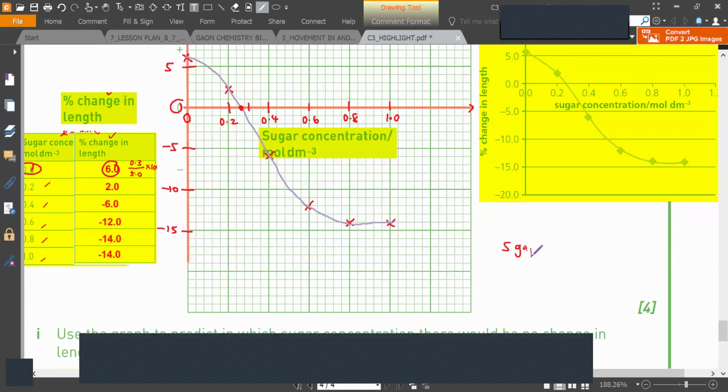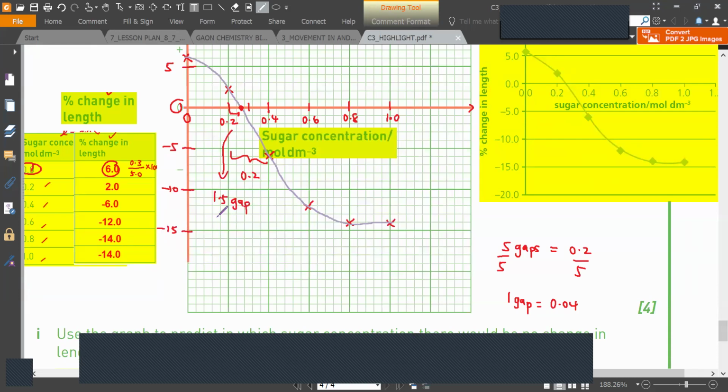So 1 gap is 0.2 divided by 5, which will be 0.04. From here to here is around 1.5 gaps.